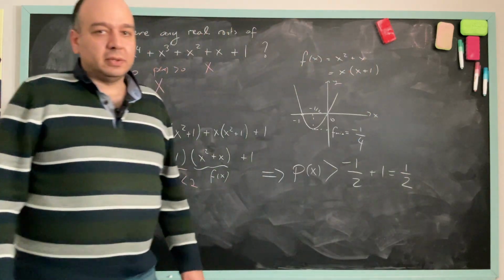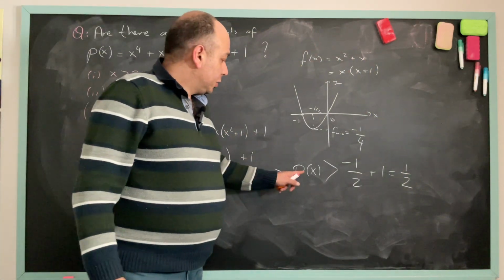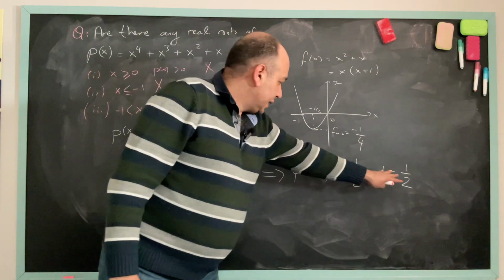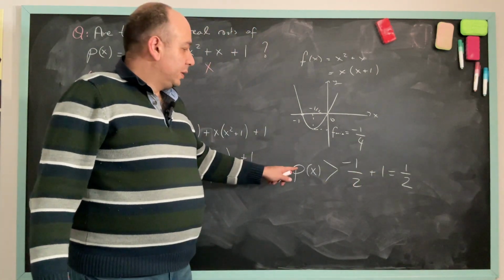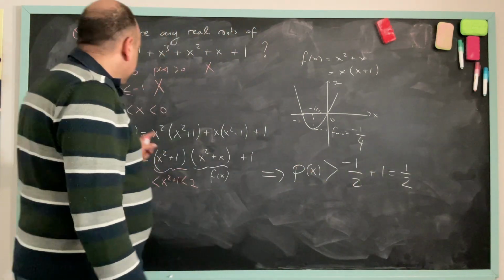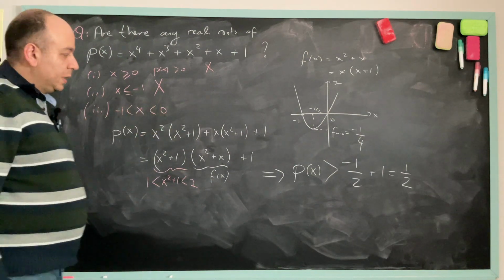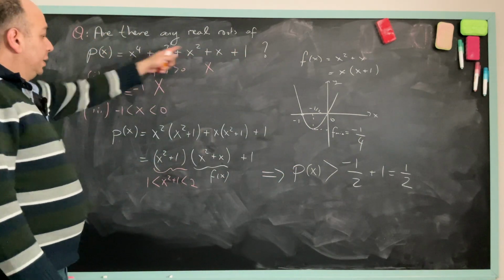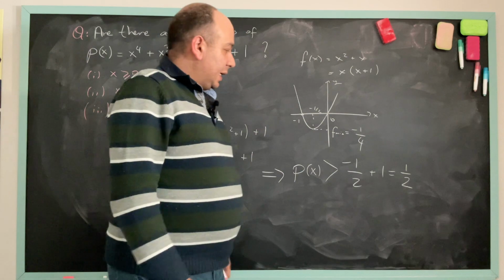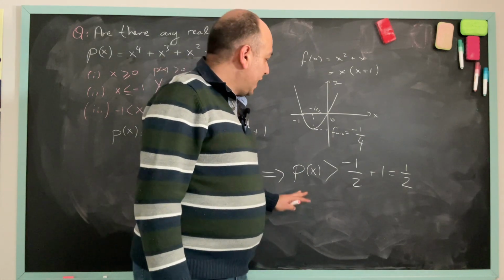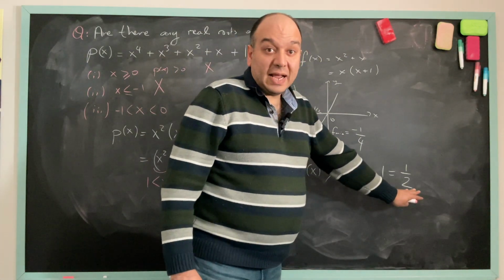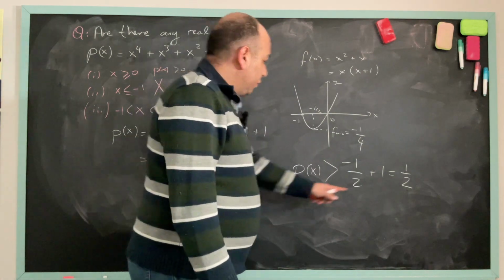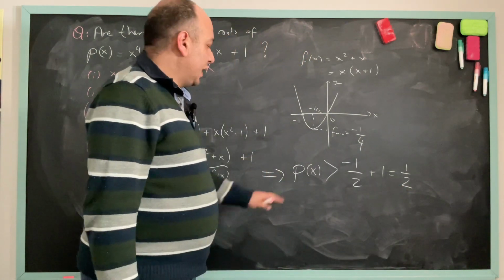Wow, this is something really interesting, because this result tells me that whatever my x value here is, in between -1 and 0, this polynomial can never get values less than 1/2. Okay, so this 1/2 is not the minimum value for p of x.